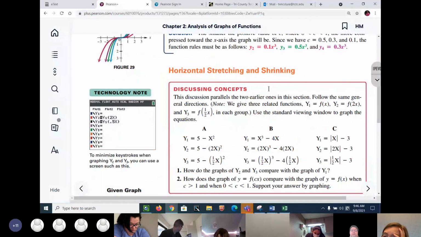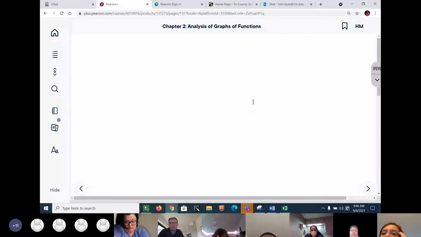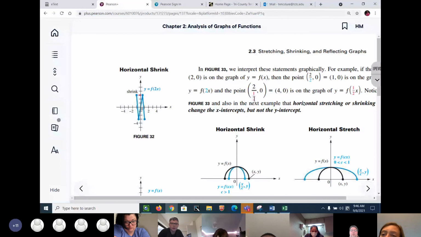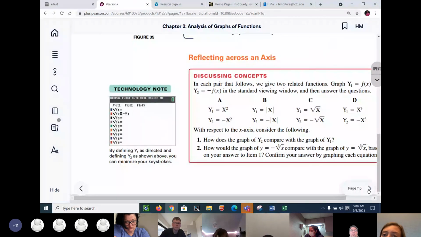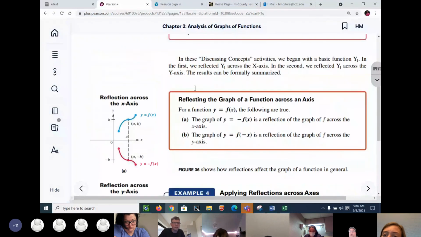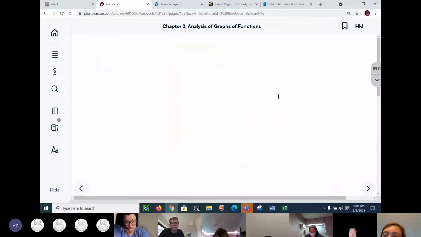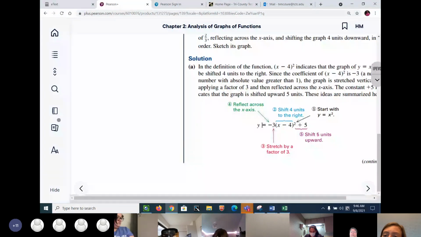So yeah, and the next is absolute values. There we go.